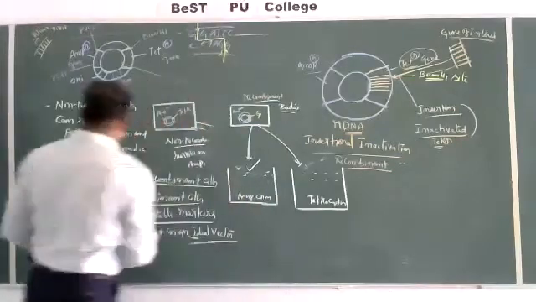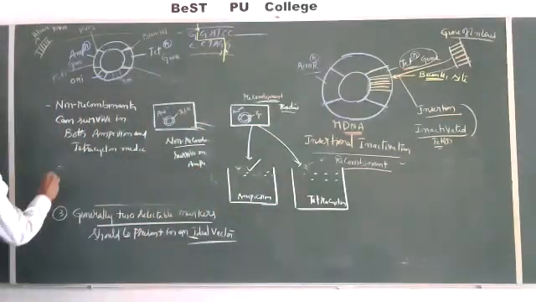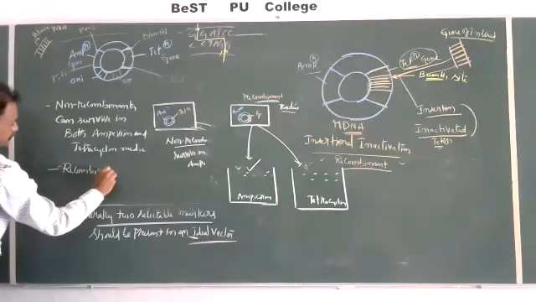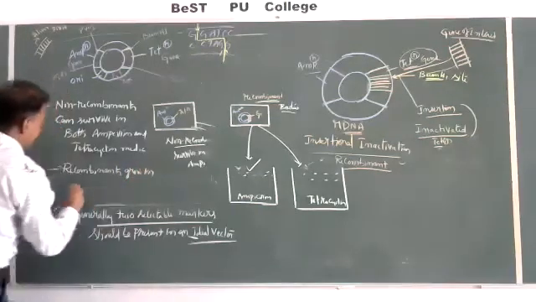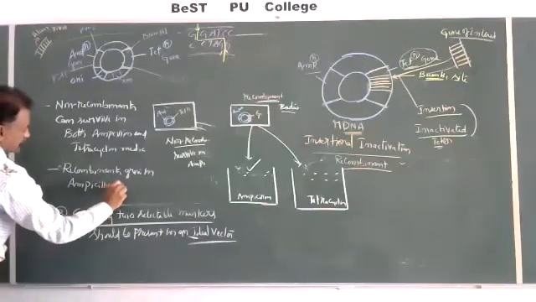So next statement. Recombinants grow in ampicillin only.